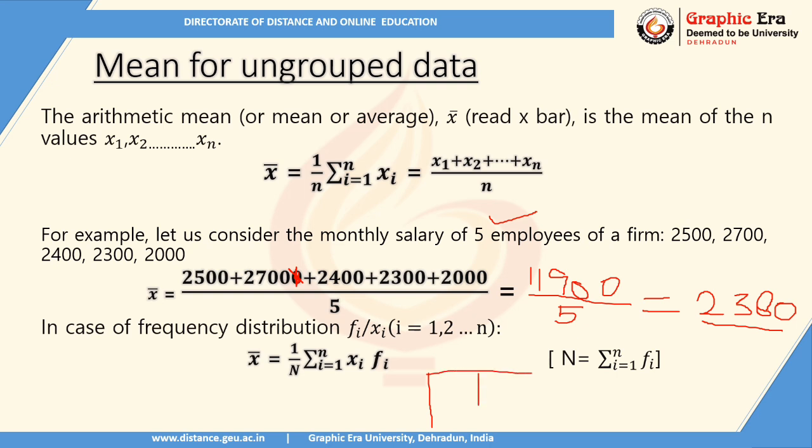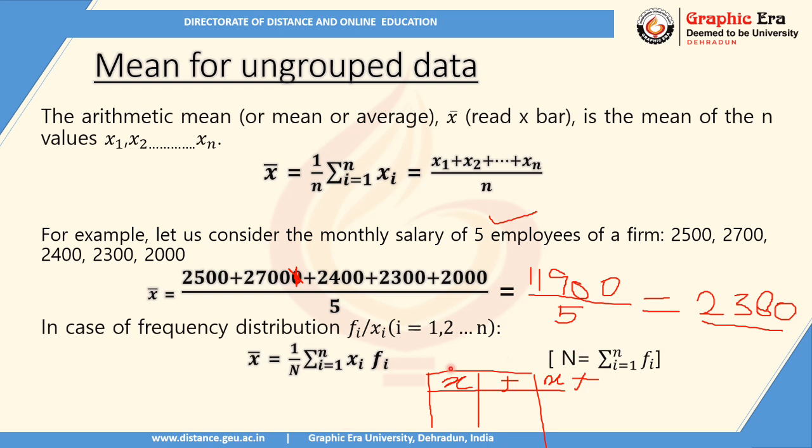Suppose there is a data, this represents the x and this is f, and we have to find the xf. So this xf, where does it come from?